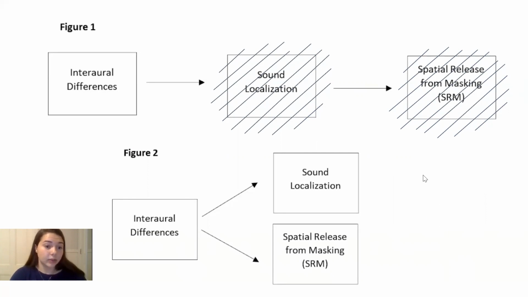So in clinical situations in which someone has lost their hearing, sound localization is not usually tested at all. So this study suggests that perhaps sound localization should have more of a focus in clinical testing in order to preserve things like spatial release from masking, which help hearing in general.